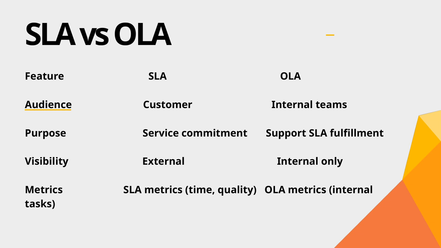OLAs, meanwhile, track internal metrics related to specific tasks or processes that support meeting SLA commitments. Understanding these differences is crucial because it helps us align expectations both externally with our customers and internally within our teams, ensuring smooth service delivery from start to finish.